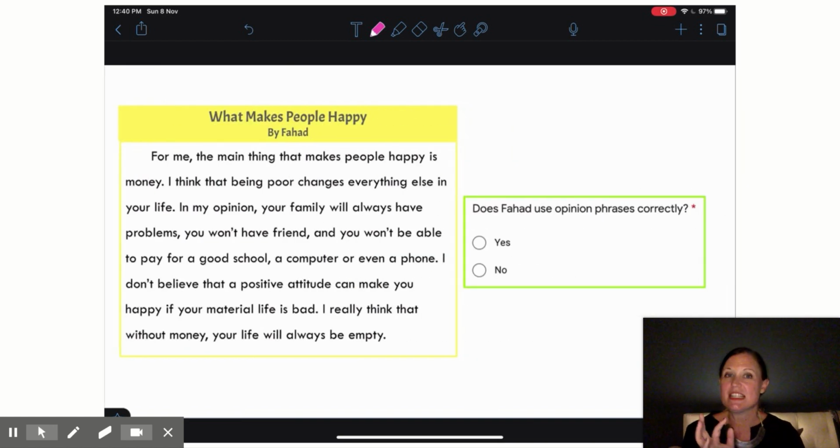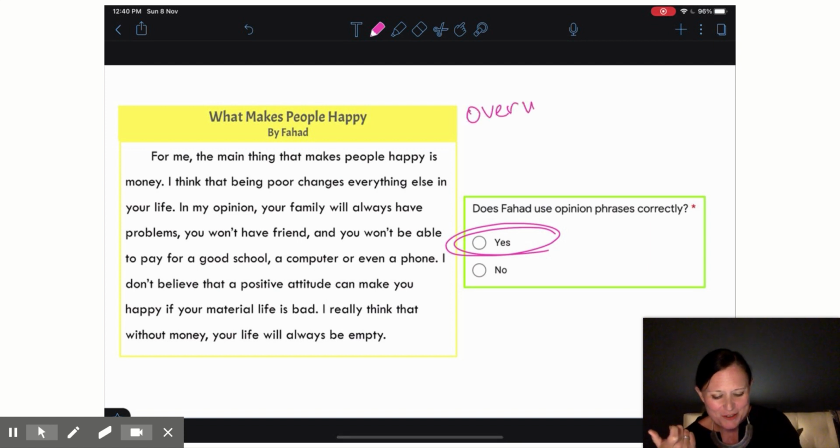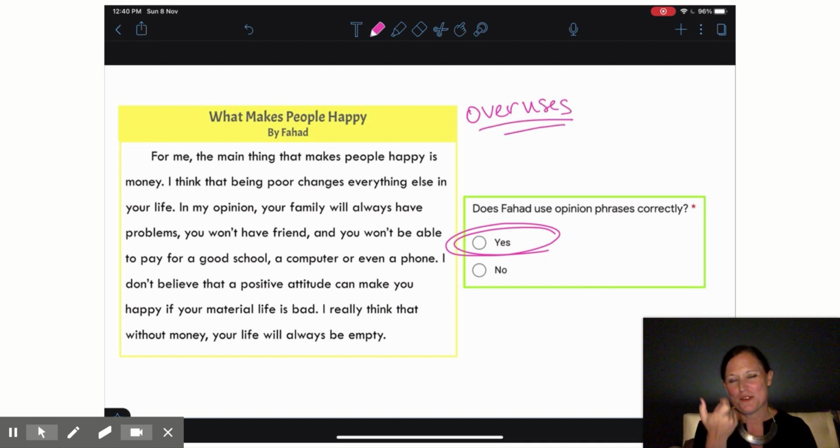So my last question is, does Fahad use the opinion phrases correctly? Yes, he does. Yay, Fahad, good job. My only bit of advice for Fahad in this paragraph is he maybe overuses those phrases.